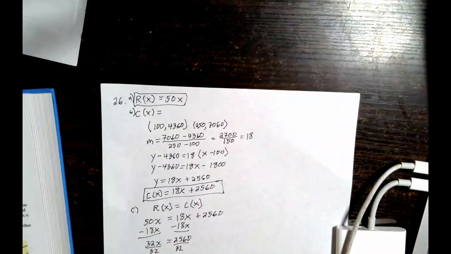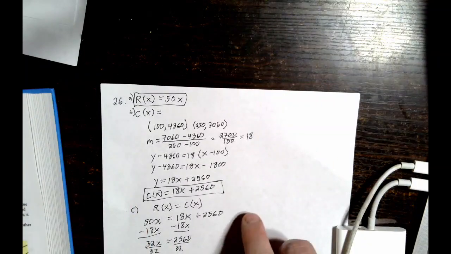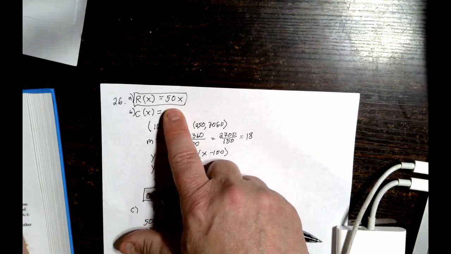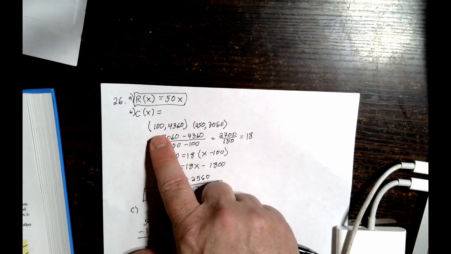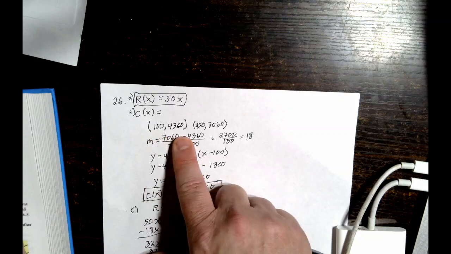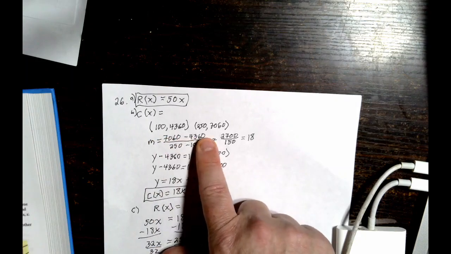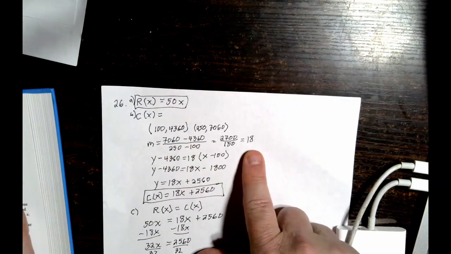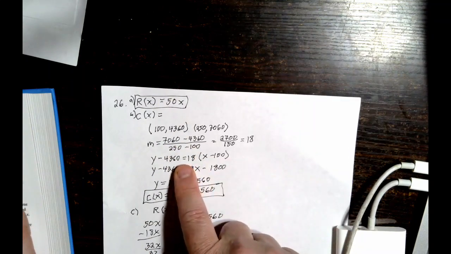26. The company has sweatshirts and they sell them for $50 each, so that's 50x. For the cost, they say if you make 100, it's going to cost $43.60. If you make 250, it's going to cost $7,060. So the difference between the two is $18 or 18.